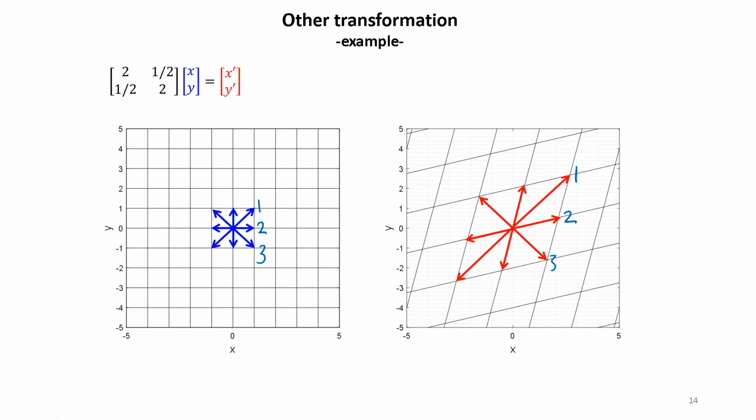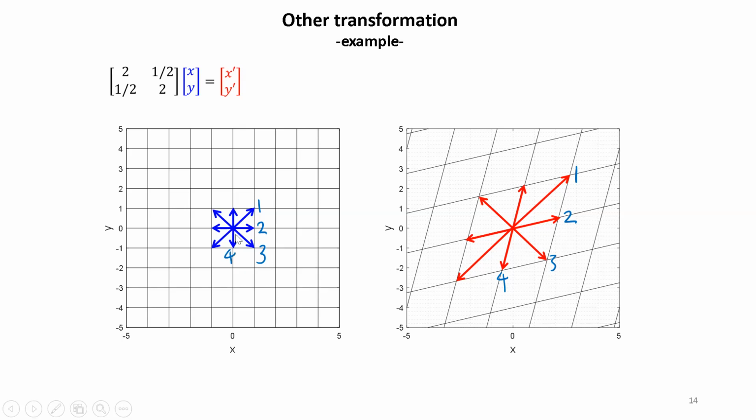And here you can see one thing. If you consider number 2, originally number 2 is pointing horizontally, and then after transformation it is pointing a little bit up. So if you want to describe it as a rotation, then it would be a rotation in the anti-clockwise direction.